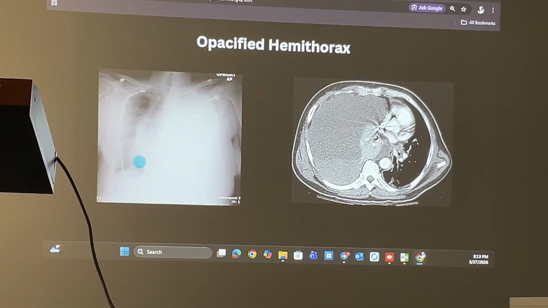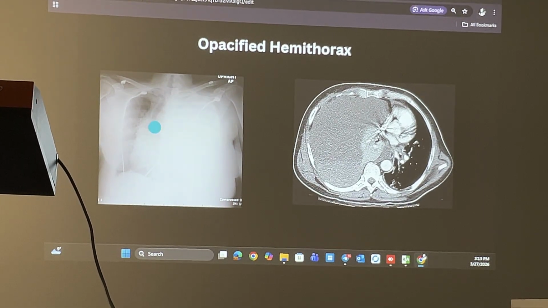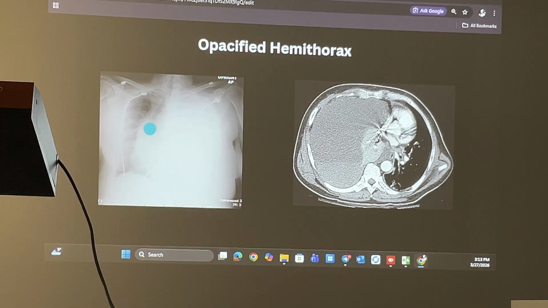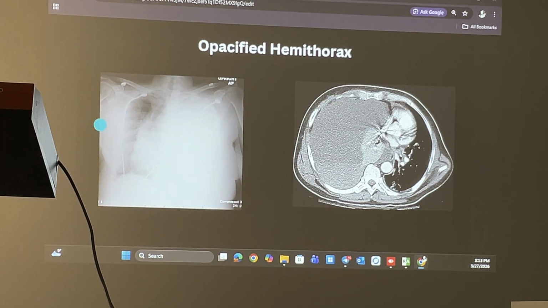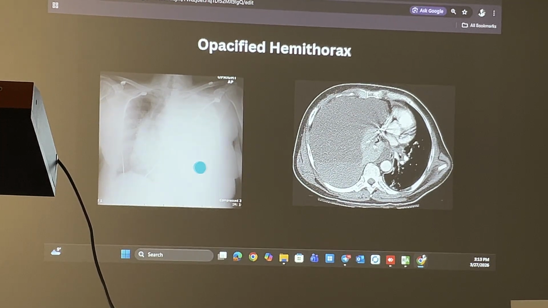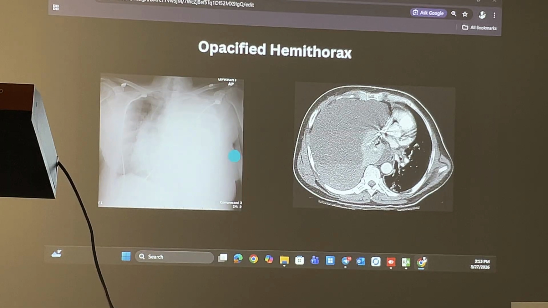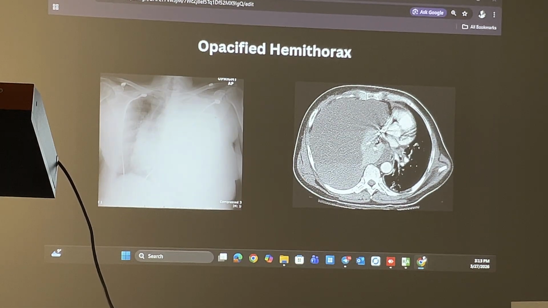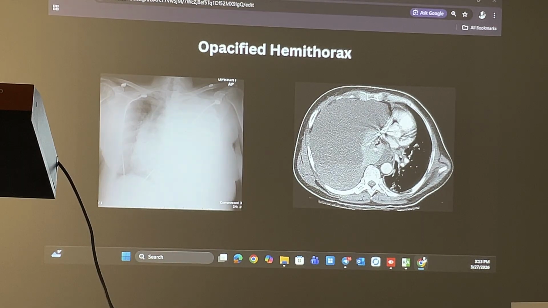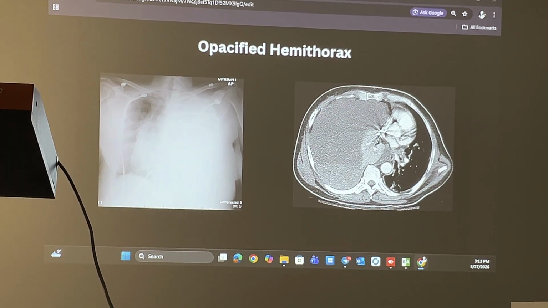Okay, we have filled here with fluid, right? The mediastinum would be shifted to the contralateral side. When we have atelectasis, it would be empty space, right? And the mediastinum would be shifted toward the atelectatic side.